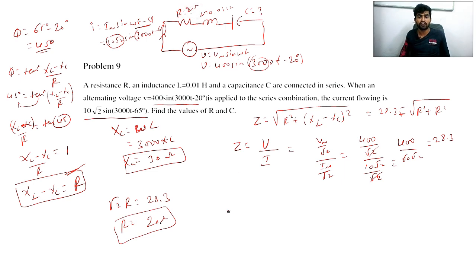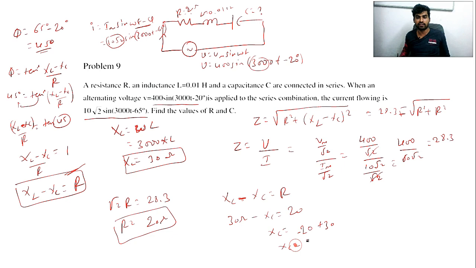Next is C. How to calculate C? From the formula XL minus XC is equal to R, XL is 30 ohm minus XC is equal to R, which is 20. So XC is equal to 30 minus 20, you will get XC is equal to 10 ohm.